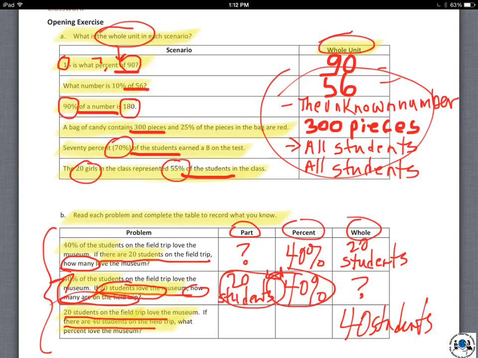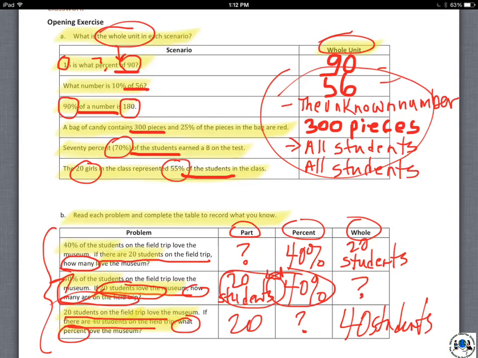Okay, next one here, 20 students on the field trip love the museum. If there are 40 students on the field trip, what percent love the museum? Well, we're given that 40 students. Again, like the first one, we knew the whole. We know the part. But now we're being asked what percent.